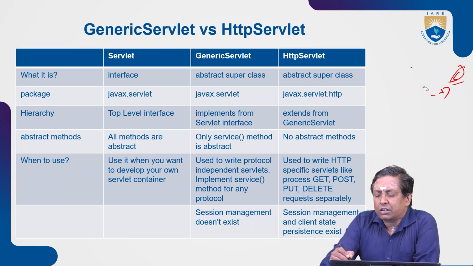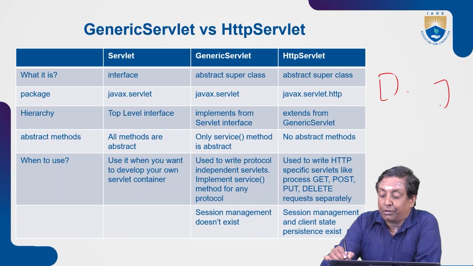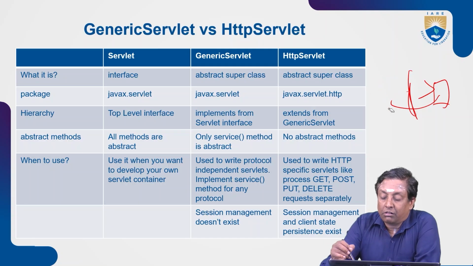If you want your servlet to be more HTTP specific, then you can go for HTTPServlet. Otherwise, if you do not want it to be HTTP protocol specific, and there is only a single HTML request to the servlet, and once the servlet responds there is no further communication between client and server, then you can go for a GenericServlet.